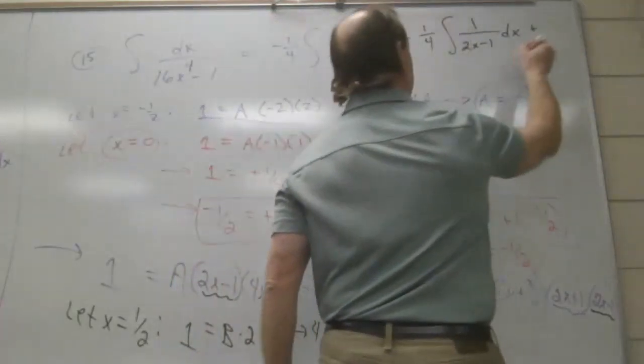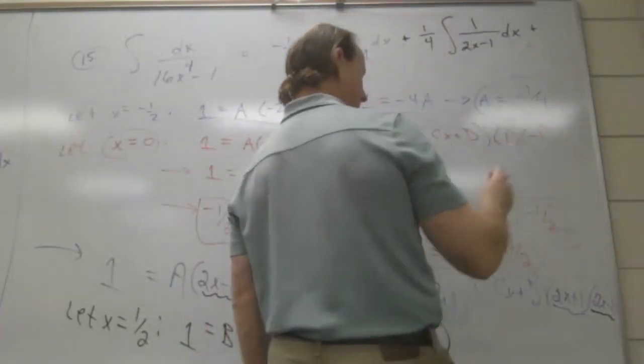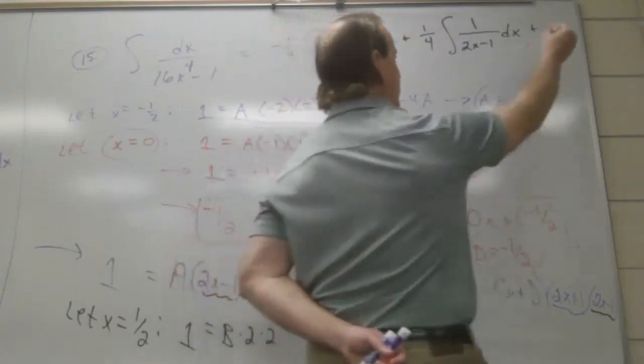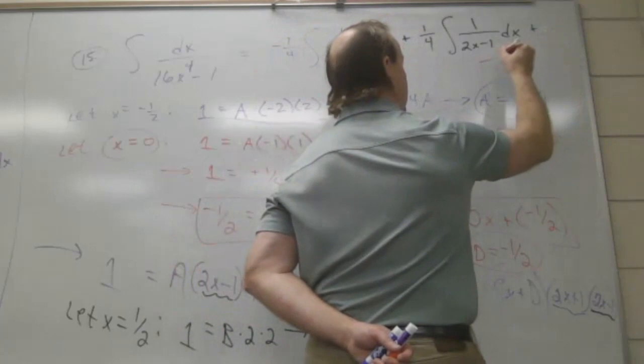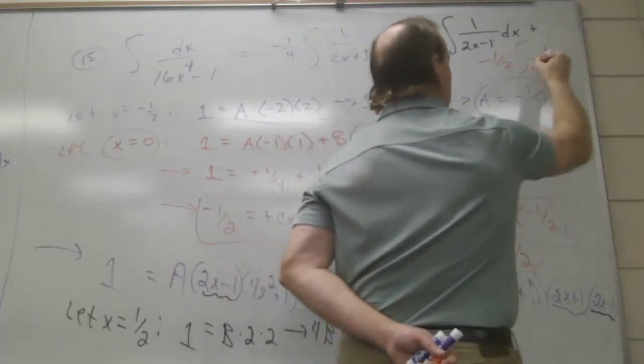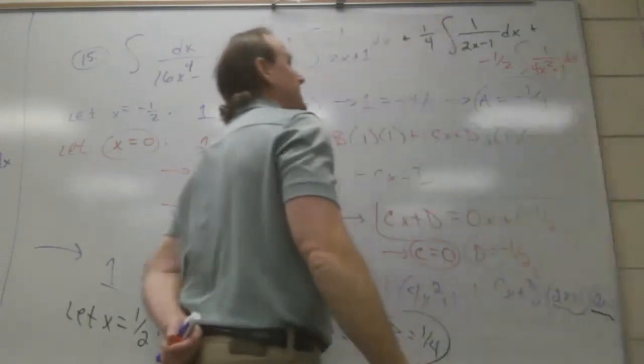So the last one I get is, what was d? Cx plus d is 0x plus -1/2. So in other words, it's -1/2. I'm going to pull that out front. So plus a -1/2 times the antiderivative of 1 over 4x squared plus 1 dx.